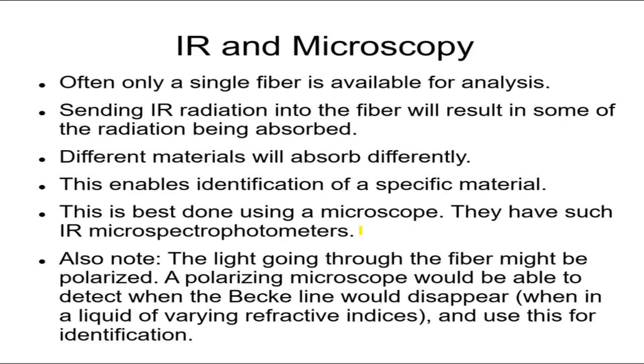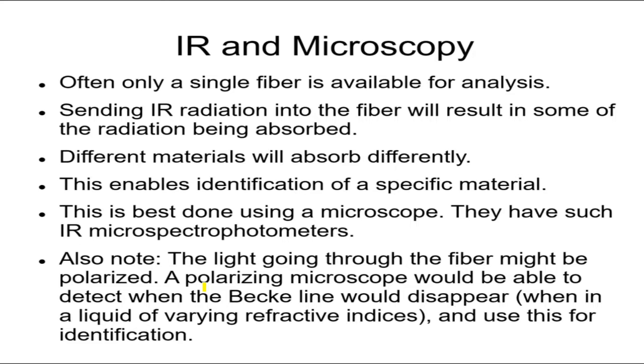There's another thing, and we're not going to go into this too much. Light going through a fiber can be polarized, and the fiber can change the polarization. So you can use a polarizing microscope. We mentioned this when we dealt with microscopes. You send a beam of polarized light into the fiber, using a microscope because it's a very small thing, and you see when the Becke line disappears.